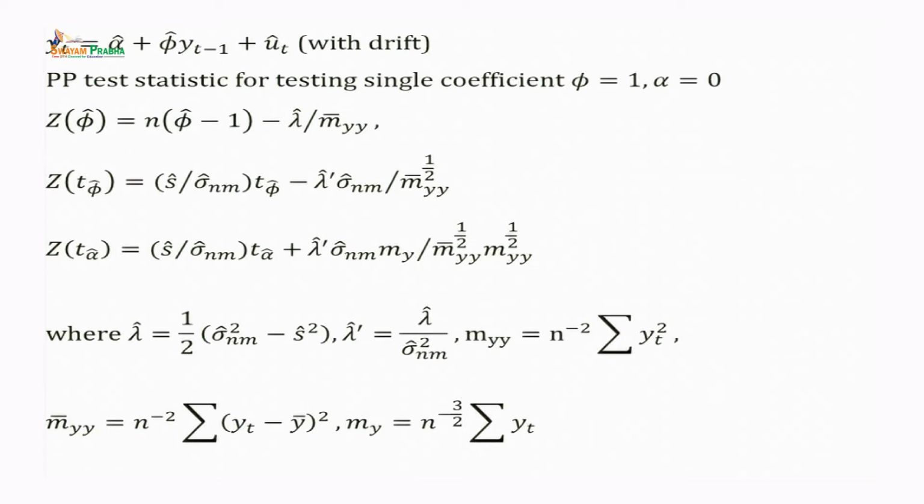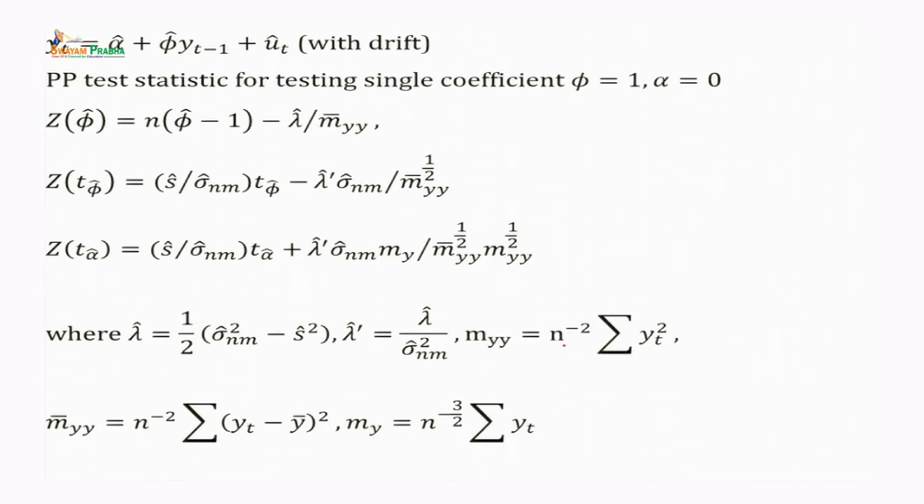And similarly, you define Z t alpha hat also. Here lambda hat is equal to 1 upon 2 sigma hat square n m minus s hat square, and lambda hat dash is equal to lambda hat upon sigma hat square n m.